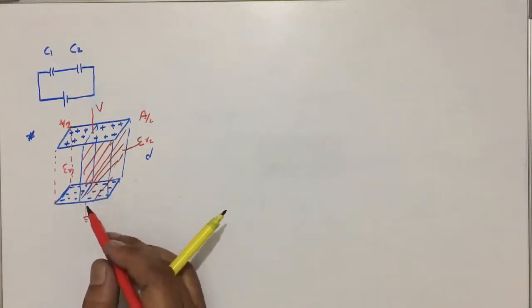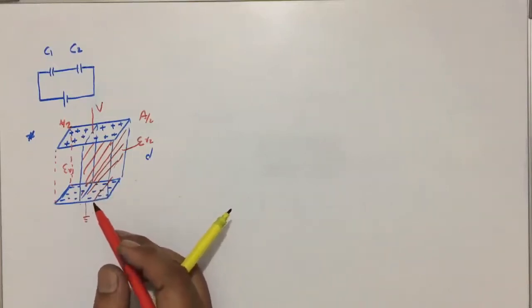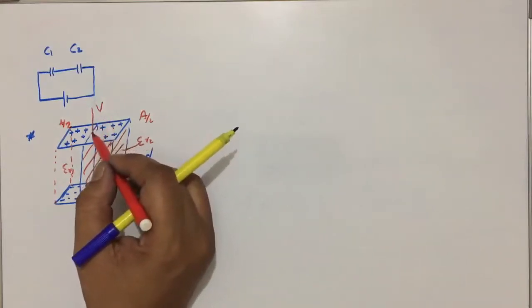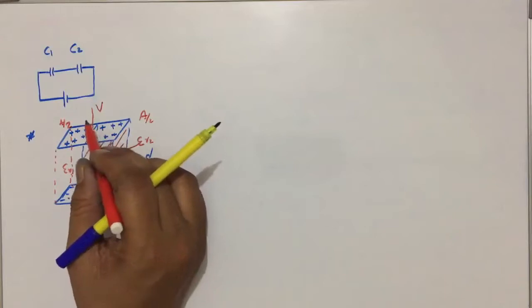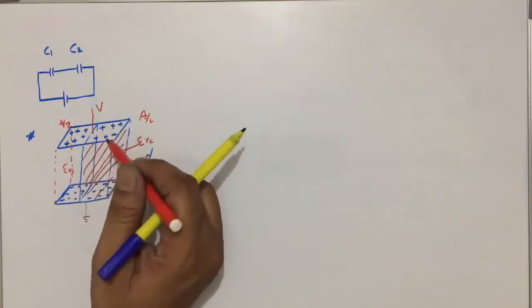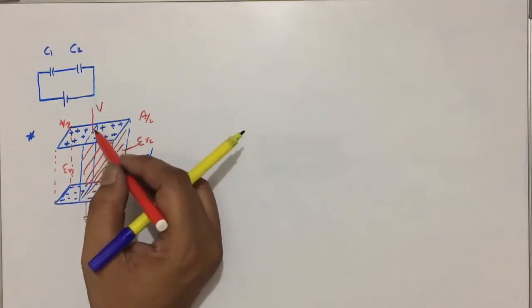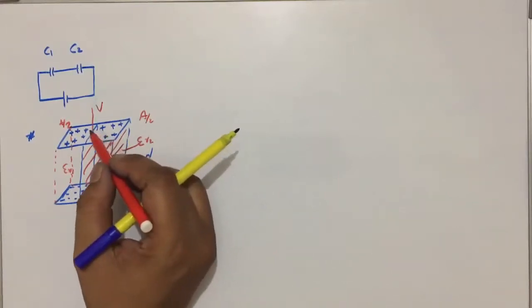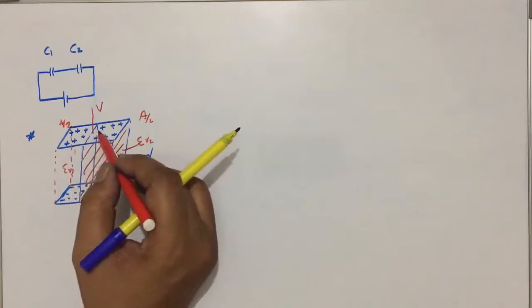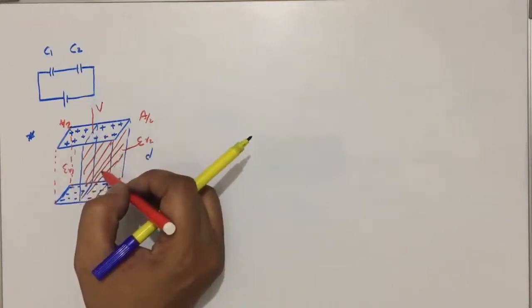Now if high potential is applied at this, due to closed circuit, the current starts to flow, and here at the junction the current will divide and part of the current will follow this route and part of the current will follow this route.